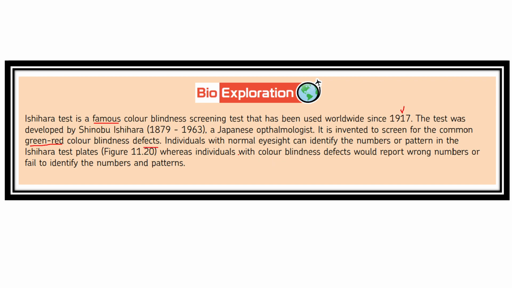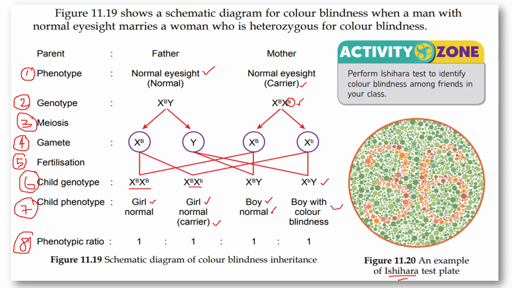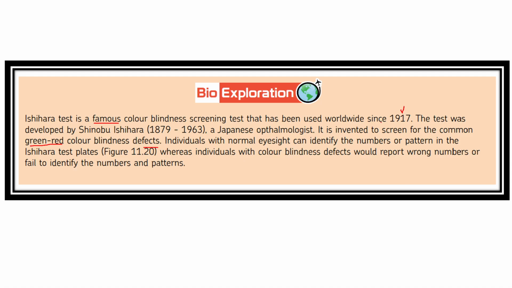If individuals have normal eyesight, they can easily identify the numbers. So can you identify the numbers that are shown here? They can easily identify the numbers or the pattern in the Ishihara test plates, whereas individuals with color blindness defects would report wrong numbers or fail to identify the numbers and patterns.